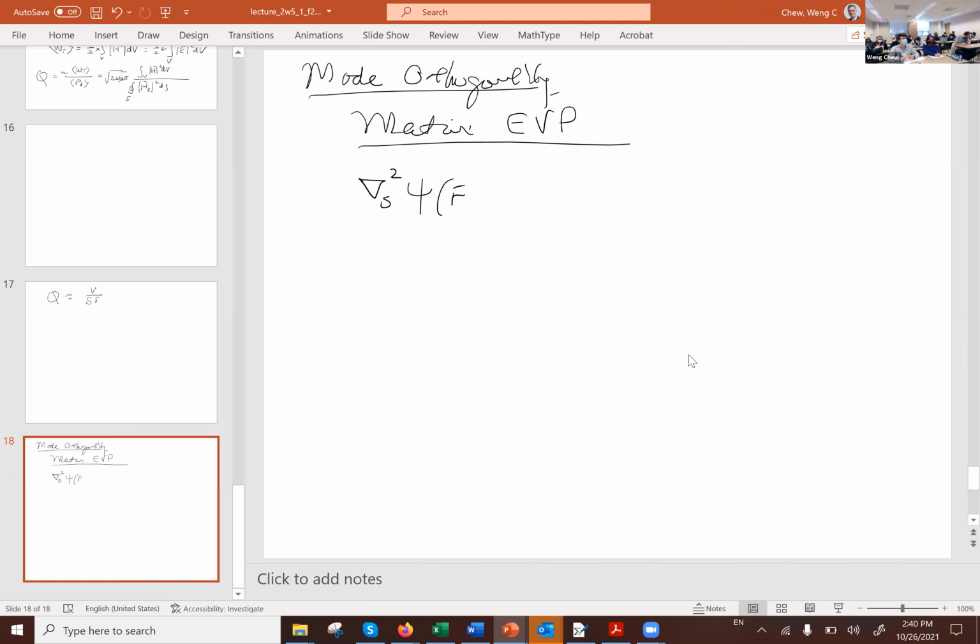So if you have a scalar potential in the waveguide, it can be reduced to solving this equation. And you can think of this as the matrix eigenvalue problem if you rewrite it in this manner.